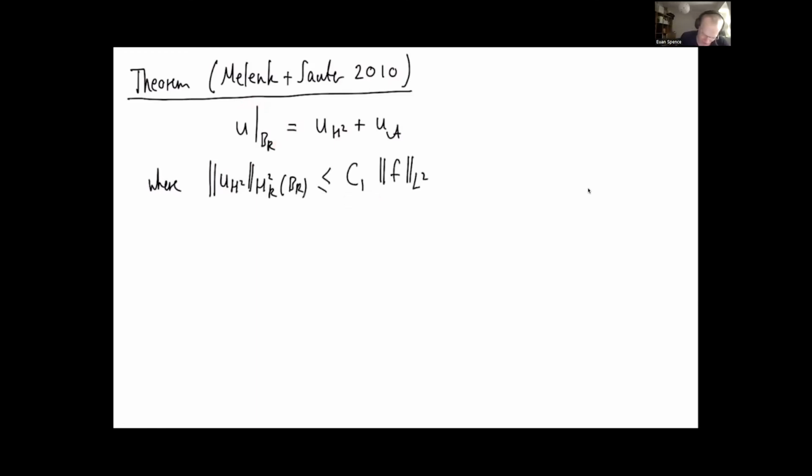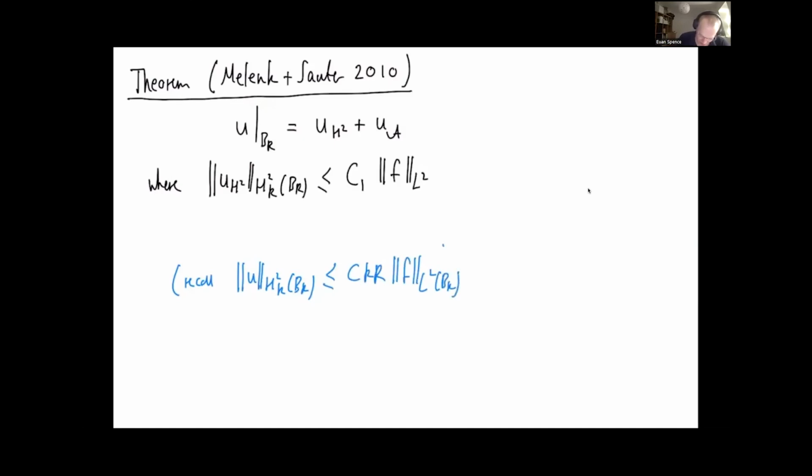In fact, I'm going to remind you, we just had it on the previous page, the Helmholtz solution itself in H^1 is bounded by a constant C(KR) times the L2 norm of f on B_R.